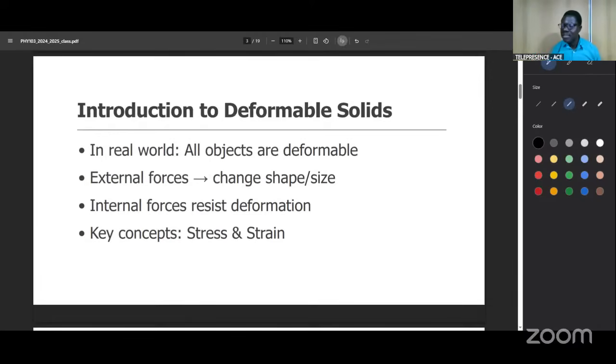Someone is asking, what about objects like footballs? Can they also be deformed when it is not punctured? Yes, when you kick a ball, at the point where you kick it, there will be a certain deformation depending on the force with which the ball is kicked.